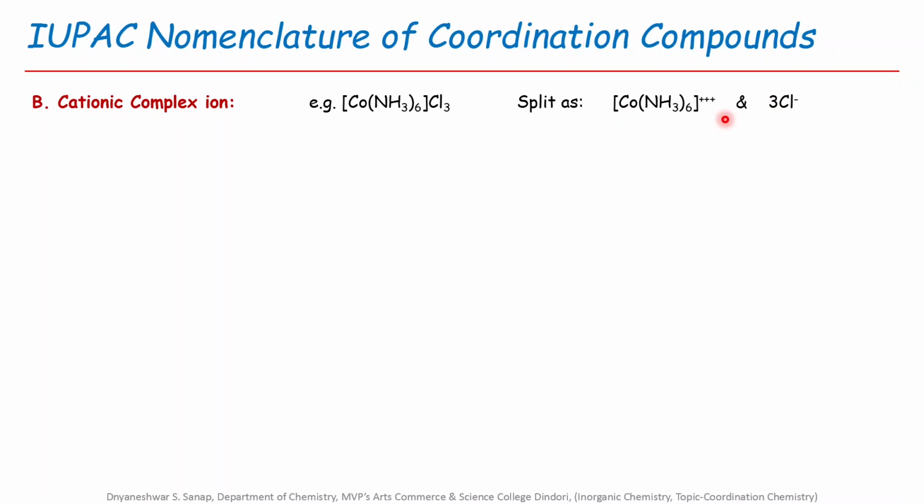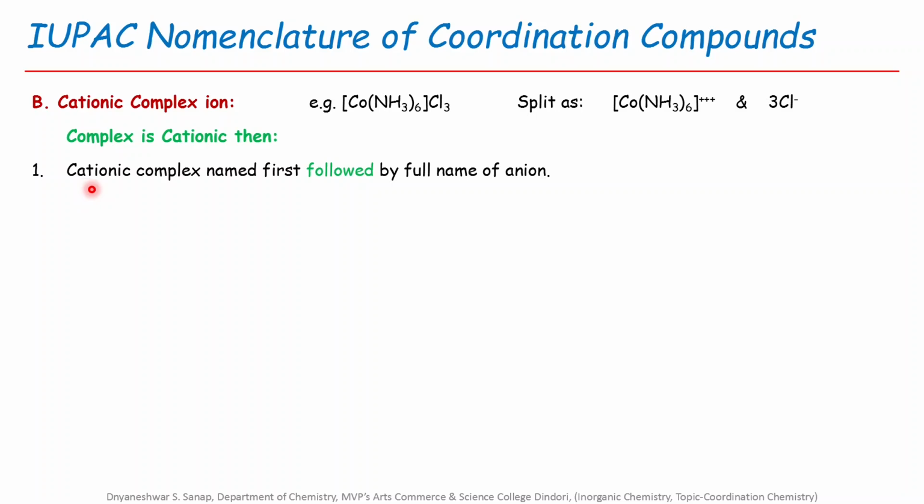The first rule to name a cationic complex is that the cationic complex name comes first, followed by the full name of the anion. That means we first write the name of the complex ion, then the name of the anion present in the coordination compound.